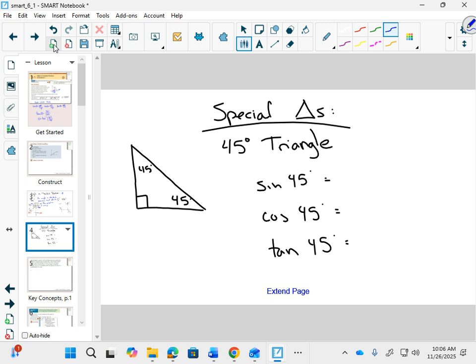Equilateral triangles, maybe? In English we say isosceles. And an isosceles triangle not only has two angles the same, but also two sides the same.